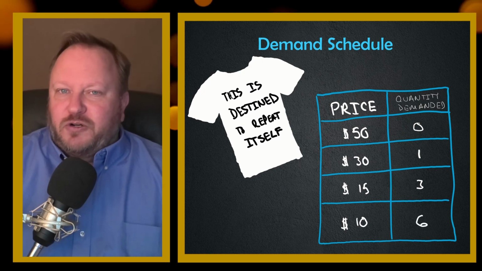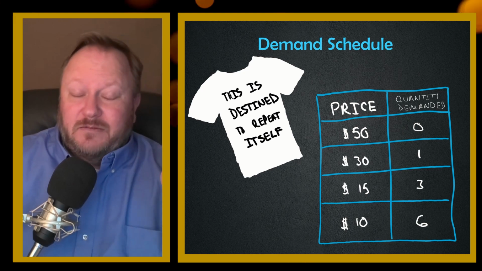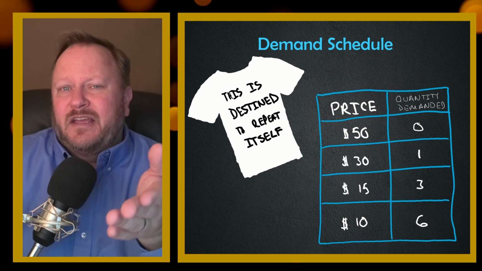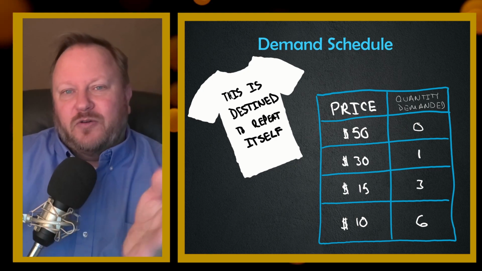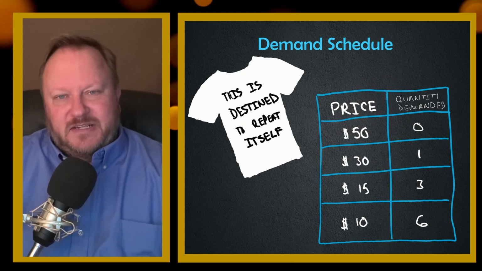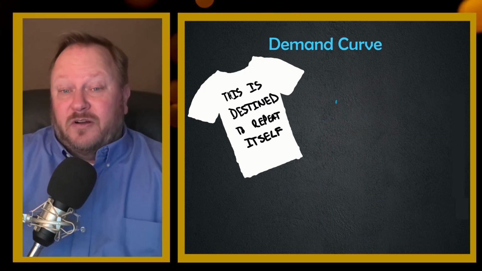People would be willing to purchase 6 of these t-shirts. So now I need to look at my demand schedule and make a decision. Where is the point where my costs are going to keep up with the amount of t-shirts that are being purchased based upon demand? We could look at a demand curve as well.